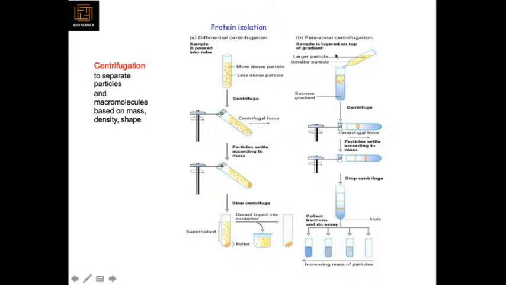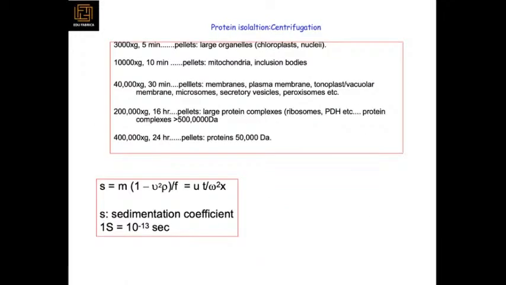In rate zonal centrifugation, the sample is layered on top, with large particles and small particles. Sucrose is the gradient. You centrifuge, and you have different bands, and you can remove them one by one according to the increasing mass of particles. So protein isolation by centrifugation is done at various levels: 3,000 g, 10,000 g, 40,000 g, 200,000 g, and you get various materials, like large organelles, mitochondria, membranes, plasma membrane, large protein complexes, and proteins.